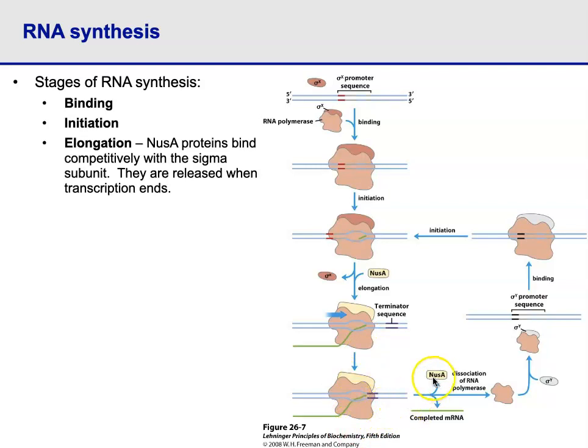When that happens, NusA falls off, the mRNA is released, and then the RNA polymerase is now free to associate with another sigma subunit and start another round of RNA synthesis.